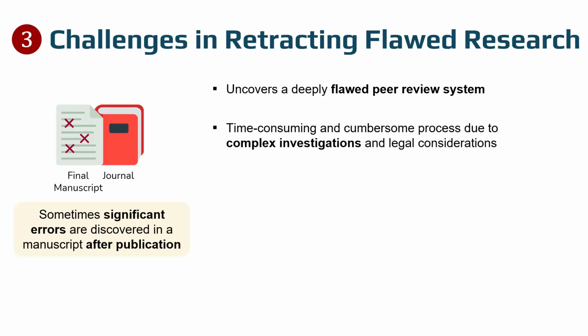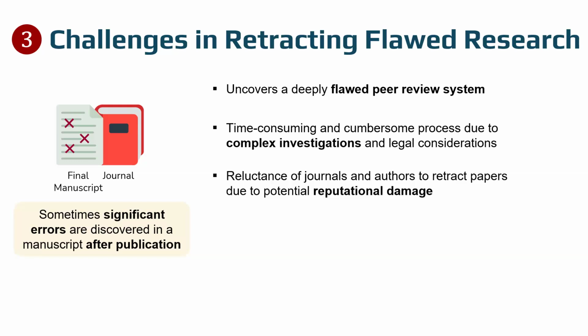And if a manuscript is found to have significant errors and has to be retracted, the process of retraction is very complex because it needs a lot of investigation and a lot of legal consideration. So it takes time for an article to be retracted after it has been marked as flawed.